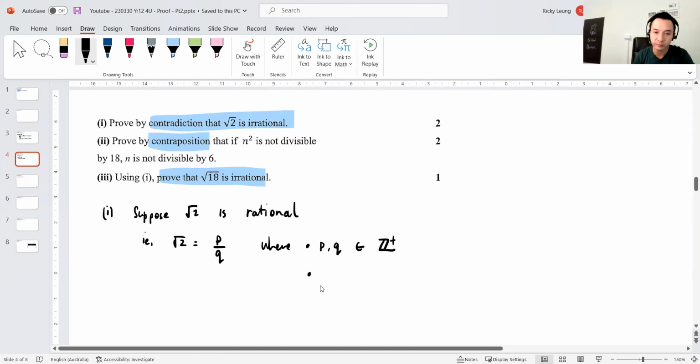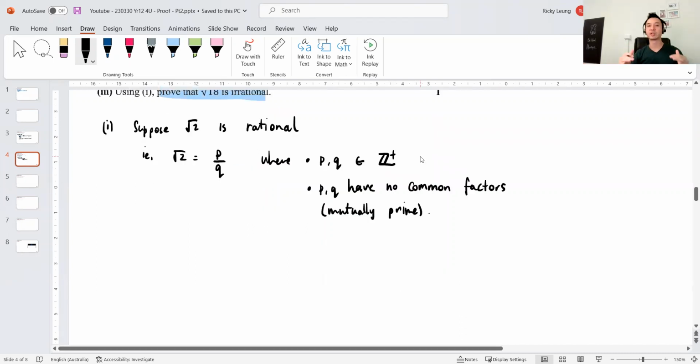And P, Q have no common factors, so they are mutually prime. Now, once you do that, it's all about trying to prove, in this case, that both P and Q have a common factor. And for those that have done this before, that common factor is 2, right? So if we can prove that both P and Q are even, we're done.